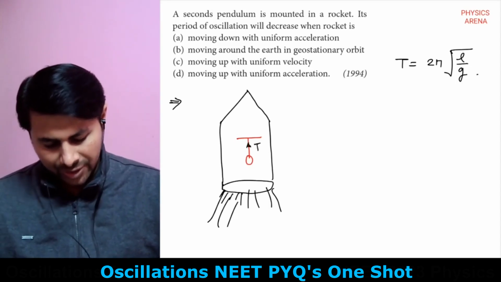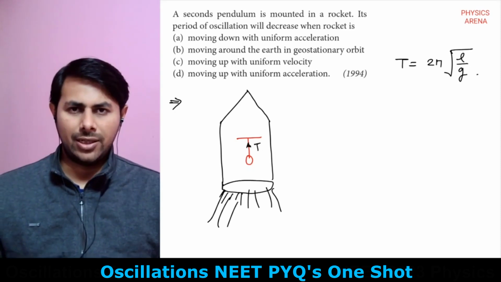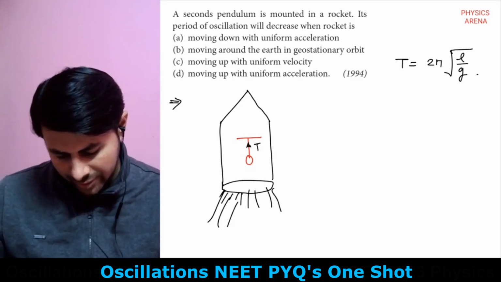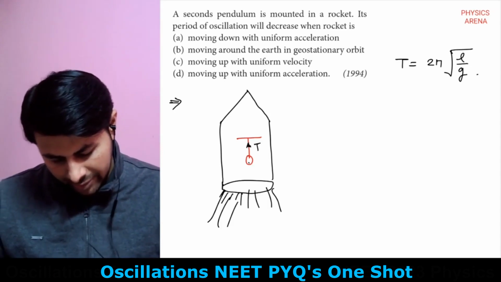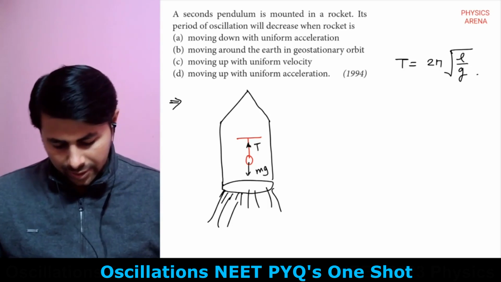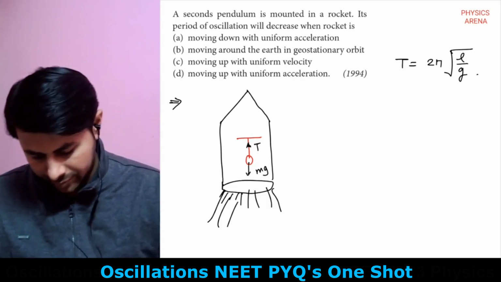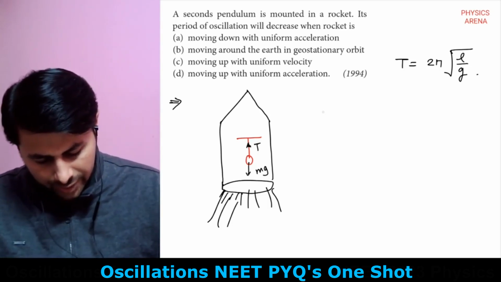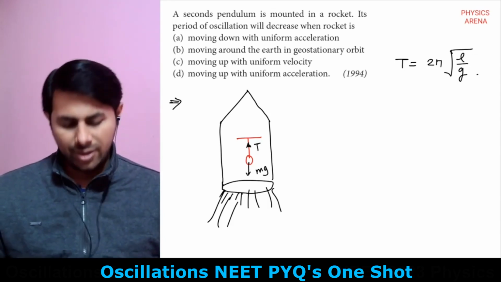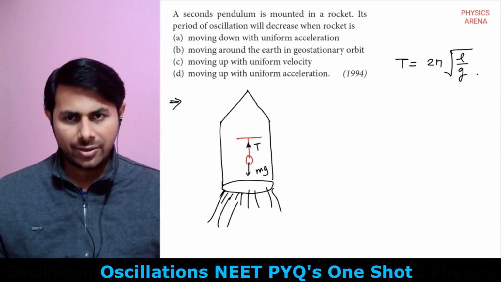There will be tension in the string, that is the force acting on that pendulum, and gravitational force mg downwards. So now see, the tension will determine the effective value of acceleration due to gravity.